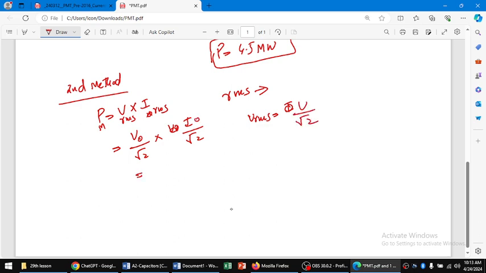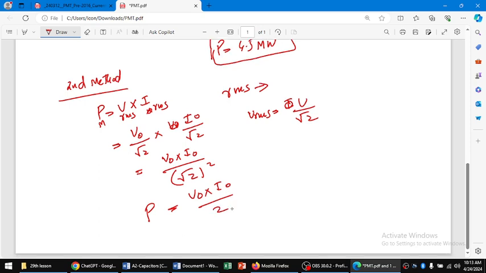So we can apply V naught multiplied by I naught divided by root 2 squared, that is V naught into I naught divided by 2. We find the power by multiplying V and I, then take the mean by dividing by 2.